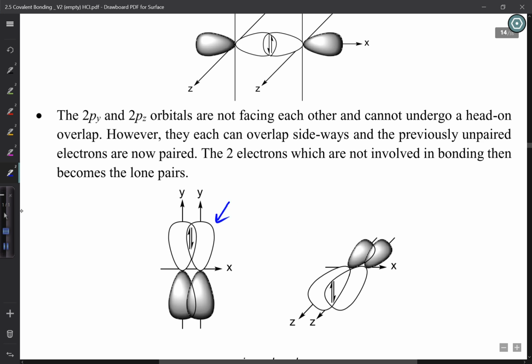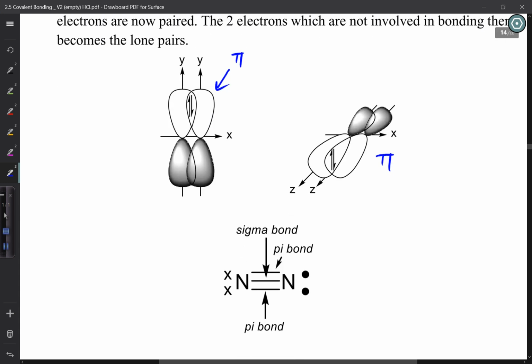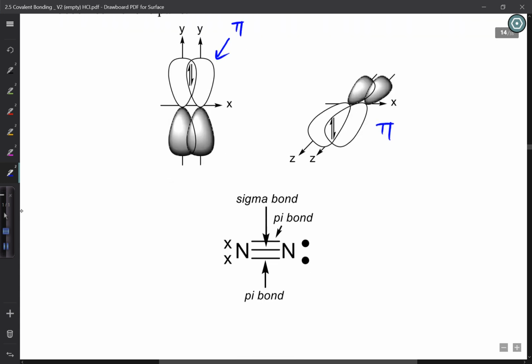So what happens is that they're going to overlap side on to give you a pi bond. And then, in the meantime, the 2pz orbitals, alright, they can also overlap side on to give you another pi bond. In other words, for the nitrogen-nitrogen triple bond, one of the bonds is actually a sigma bond, whereas 2 of them are pi bonds. So that's how the bonding is like for nitrogen.